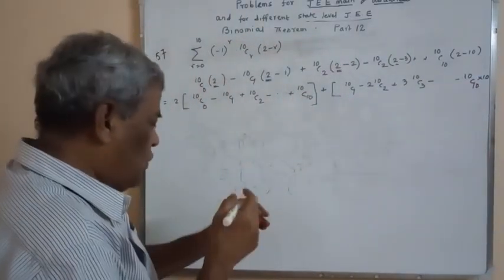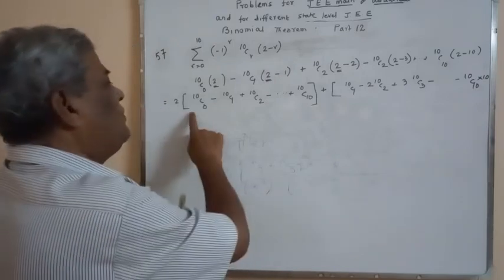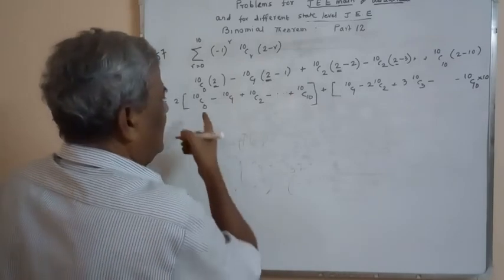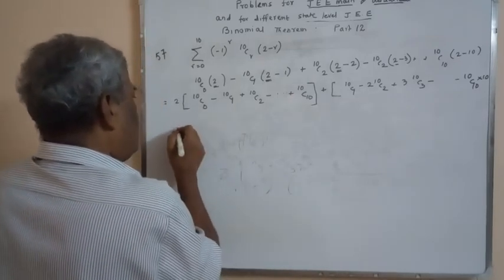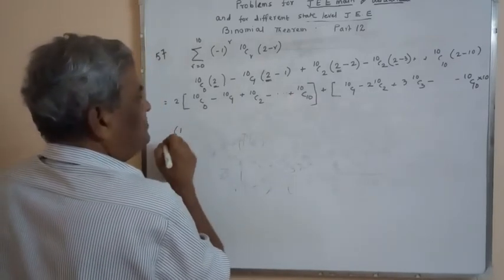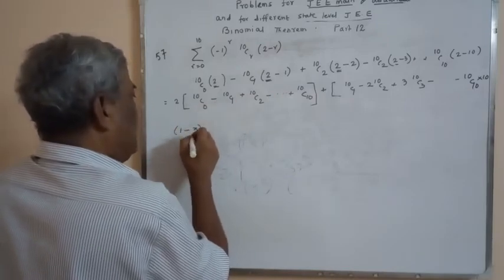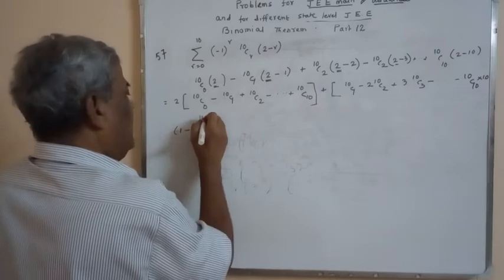So we have to find the value of these two series. For that purpose, let us take the series 1 alternately plus minus, 1 minus x to the power 10.